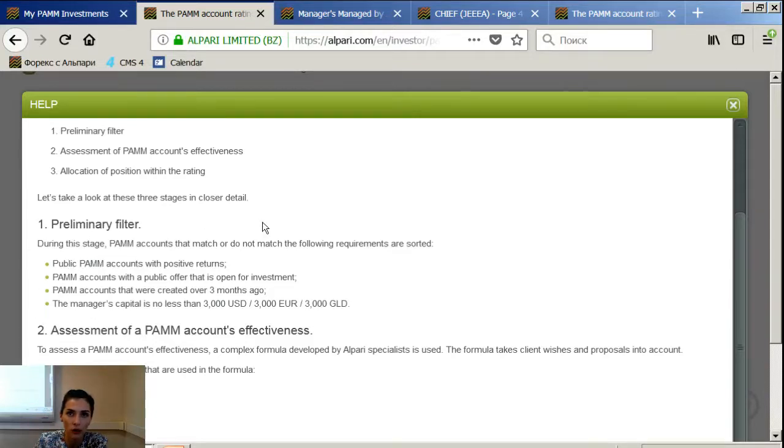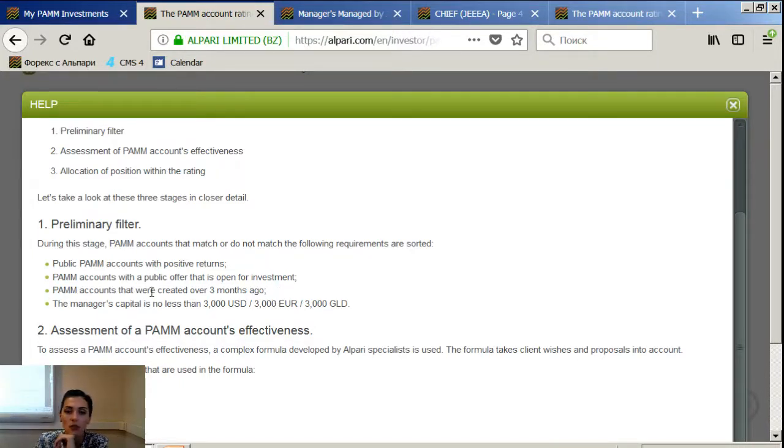The PAMM account should have positive returns for all time of existence. The PAMM account should be public and should be open for investment. That means a manager should set the public offer for the investors.